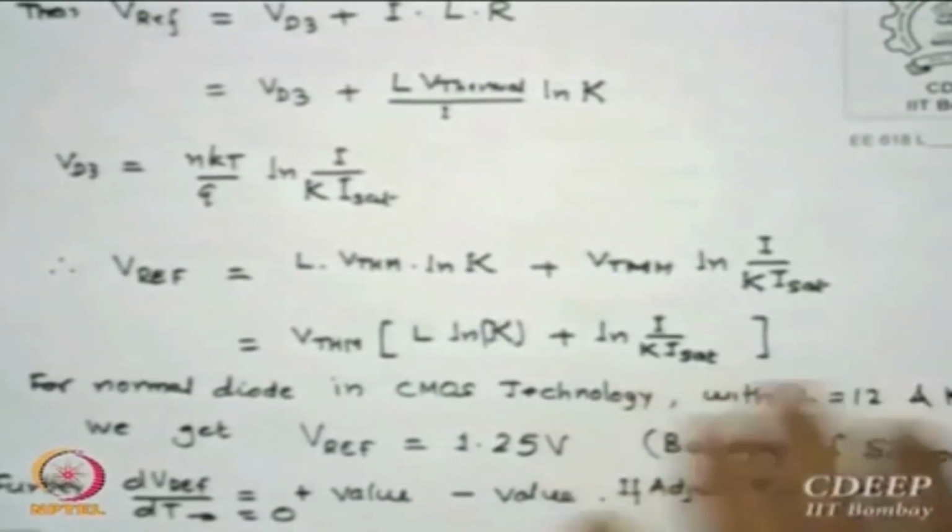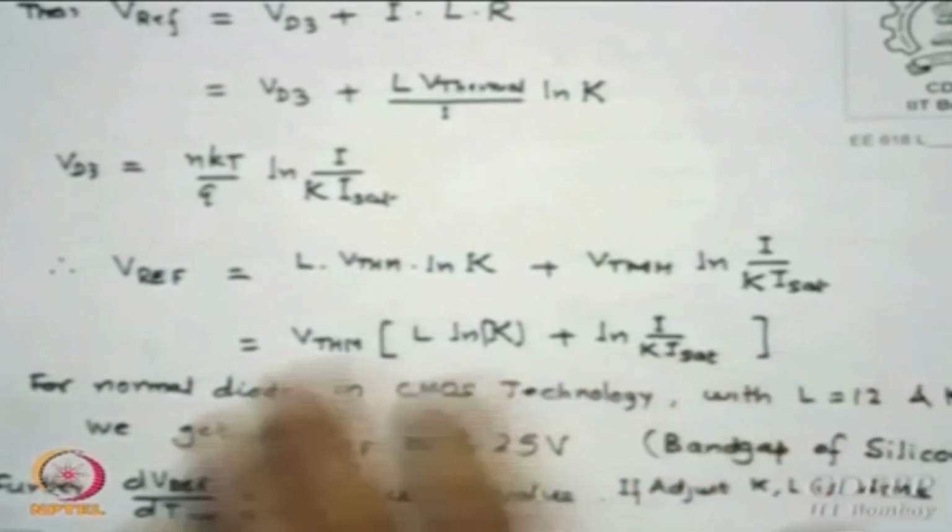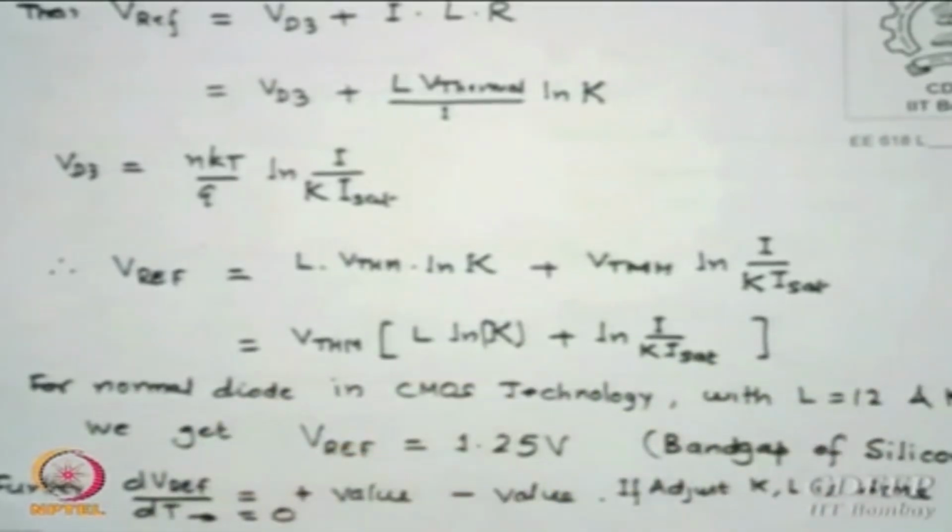Because of L of 12 to 16 or K of 4 to 8, this value will not change other than the second or third decimal, okay. Typical reference value which you get for these is of the order of 1.2 volt, which is the band gap of silicon. Therefore, this is called band gap reference. What is the TCF value? As small as you think you can, okay, maybe 0 in best case.